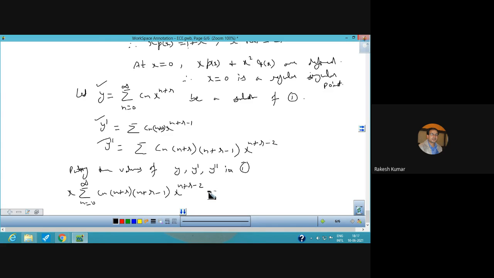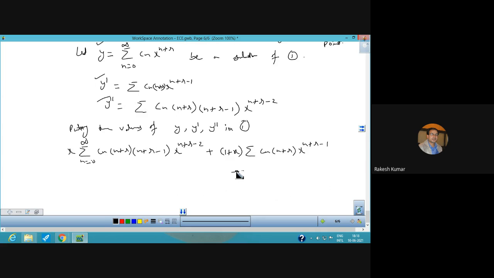The next term is (1 plus x) dy by dx, and dy by dx is c_n (n plus r) x raised to power n plus r minus 1. And the last term is plus 2 times summation y, and the value of y is substituted here, that is c_n x raised to power n plus r, equal to 0. Now the values have been substituted in the differential equation 1.